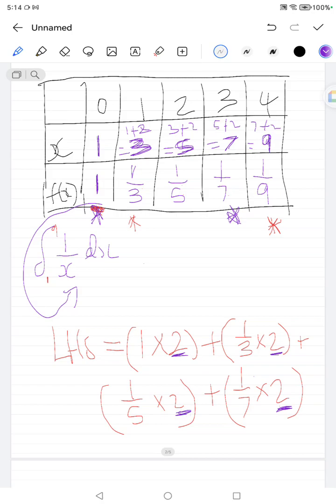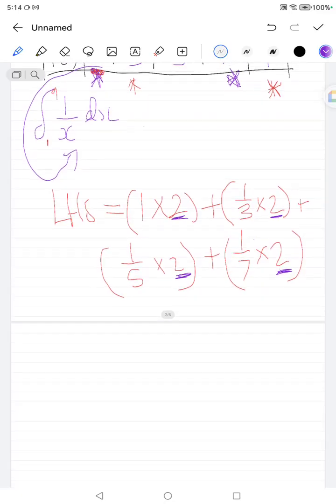Then you find the value for that one. Can someone quickly calculate that one for us? Yes, we go and calculate the one for the right hand side. Someone to quickly calculate this one for us.